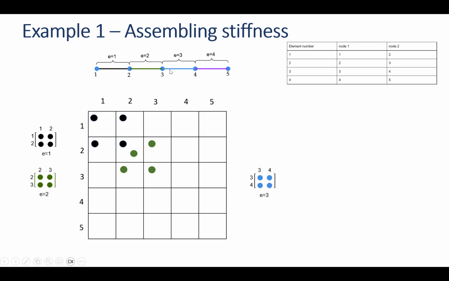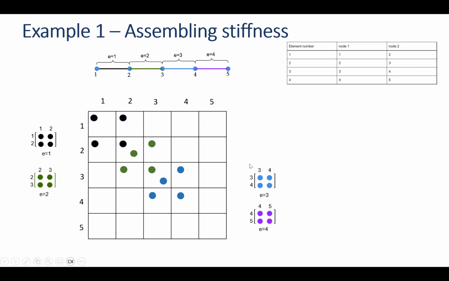Similarly, element 3 is connected to nodes 3 and 4, so it goes into row 3, row 4, and column 3, column 4. These 4 values are populated there. Similarly, node 3 is attached to element 2 and element 3, so we get entries from element 2 and element 3 in the diagonal entry 3, 3.